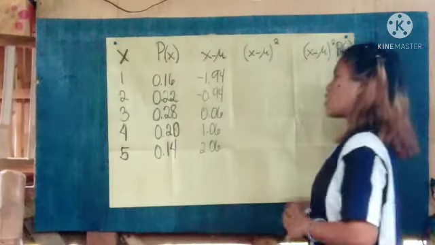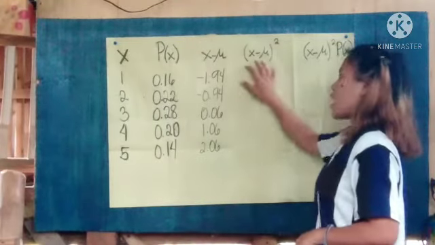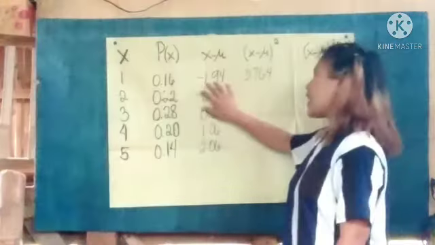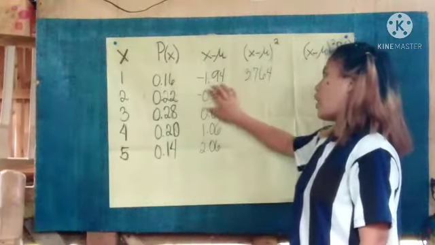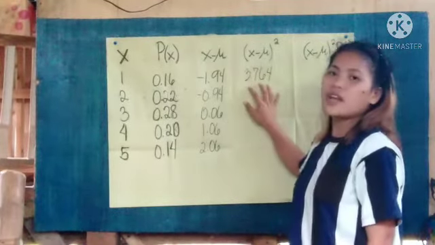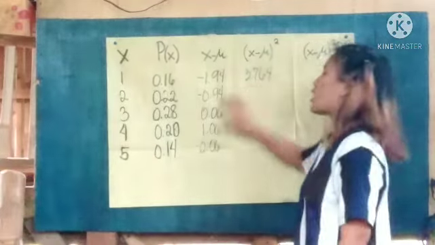So let us now square x minus the mean. Negative 1.94 squared is equal to 3.764.